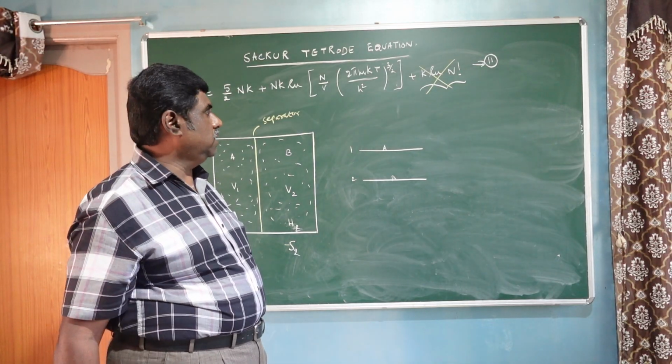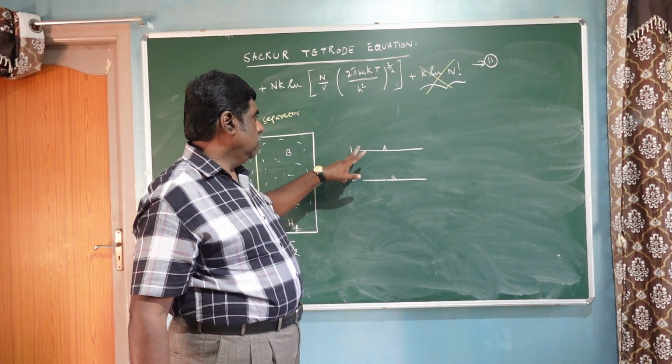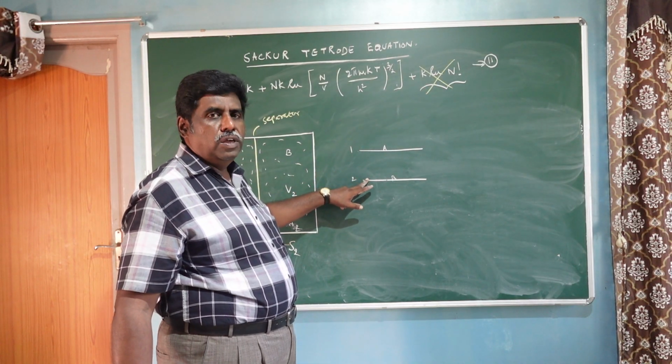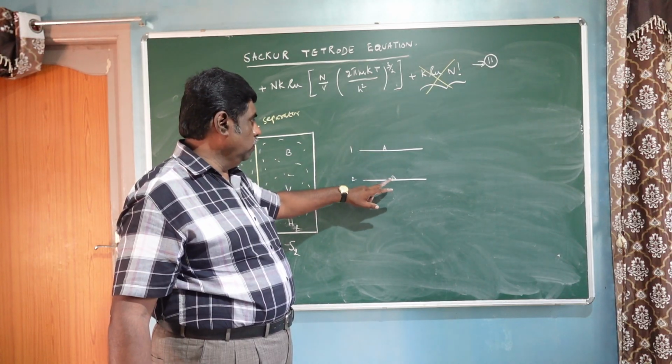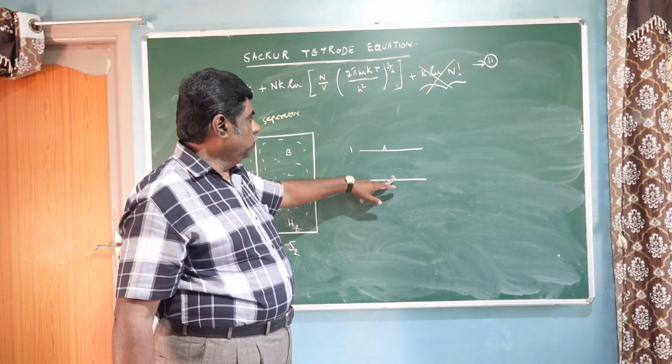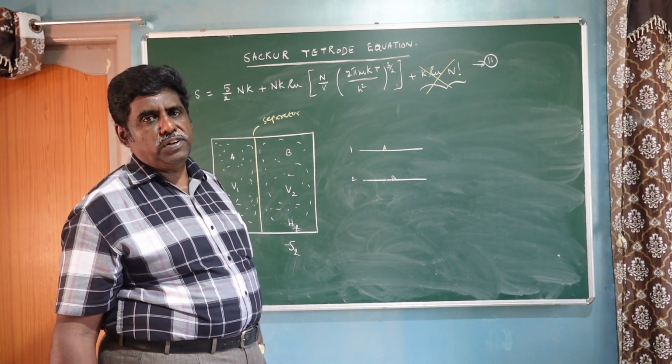But according to quantum statistics, the particles A and B are occupying the states 1 and 2, even if you interchange the particles, that means A is shifted to state 2 and B is shifted to state 1, there is no meaning. We won't get a new state.